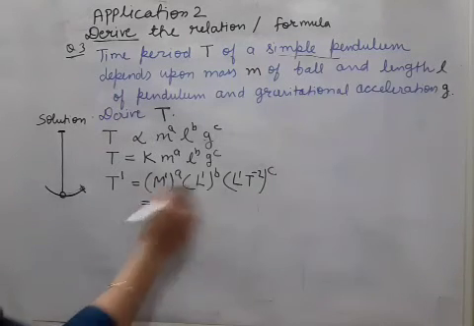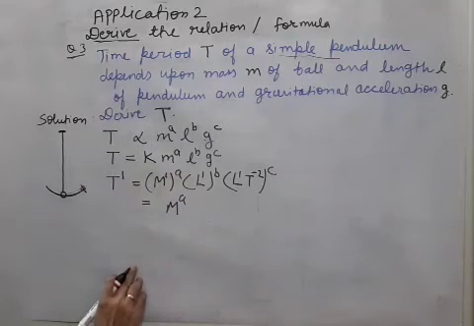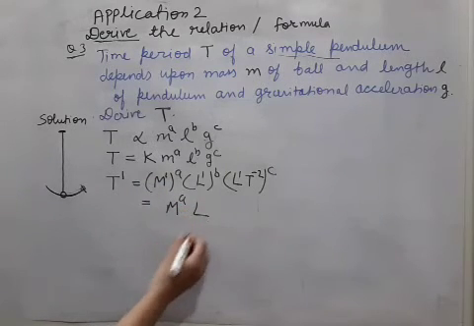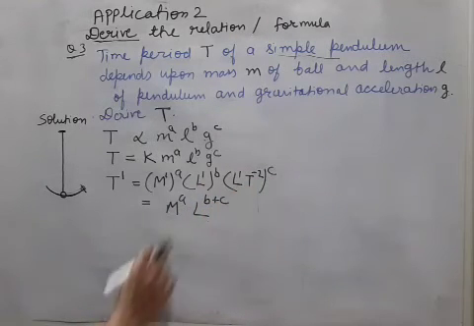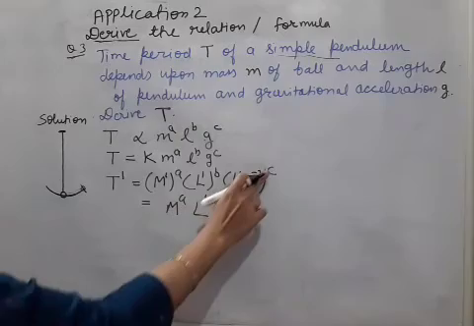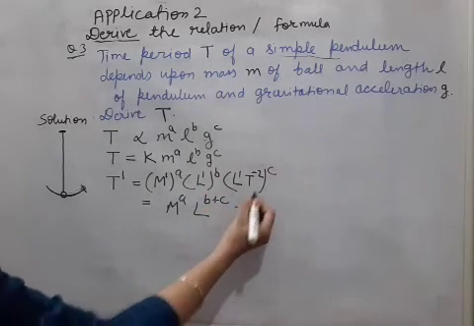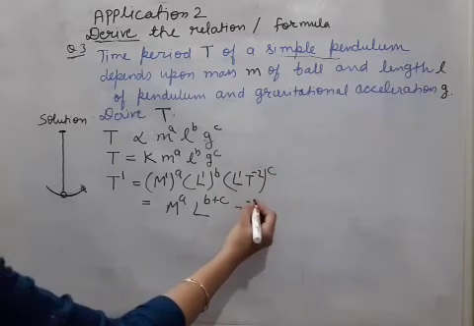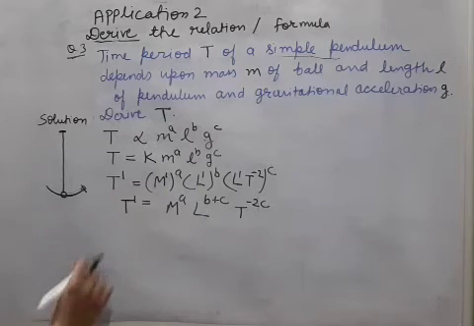After that we get the final powers here. M power a, L power b plus c. Okay, 1 into b, b, 1 into c, c, and then add it. T power minus 2 into c, minus 2c. Here T power is 1.